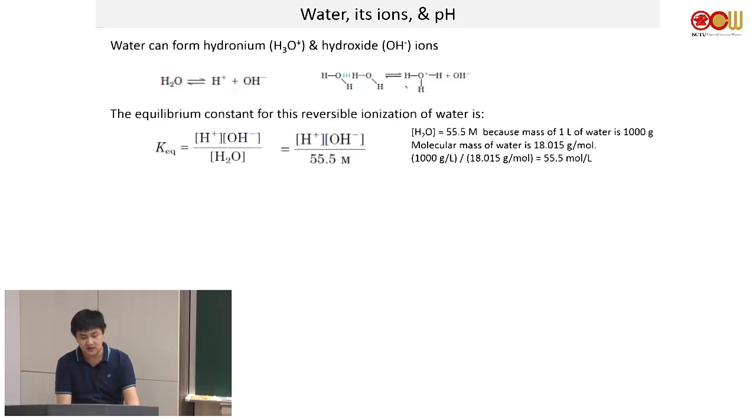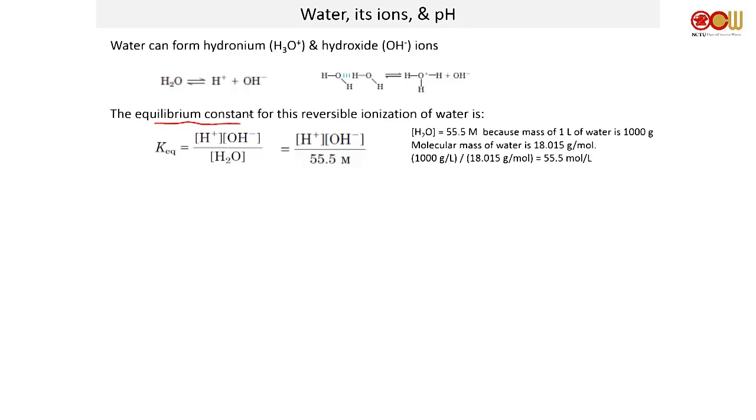And of course, we like to do a little math here and there. The equilibrium constant for this reversible ionization of water is Keq, product on the top, reactant on the bottom: the concentration of H plus times the concentration of OH minus, divided by 55.5 molar.